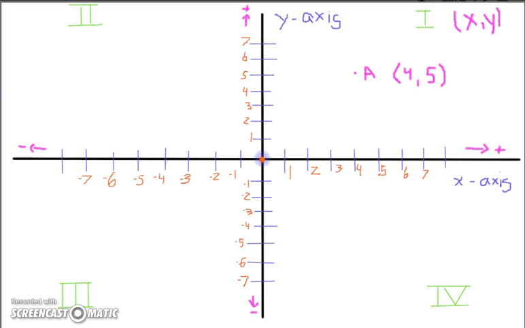Now once again, let's try another example and let's see if we can find the coordinates for point B. Once again, let's begin at the origin and go along the x-axis to the left. So there's 1, there's 2, there's 3, there's 4, about 5.